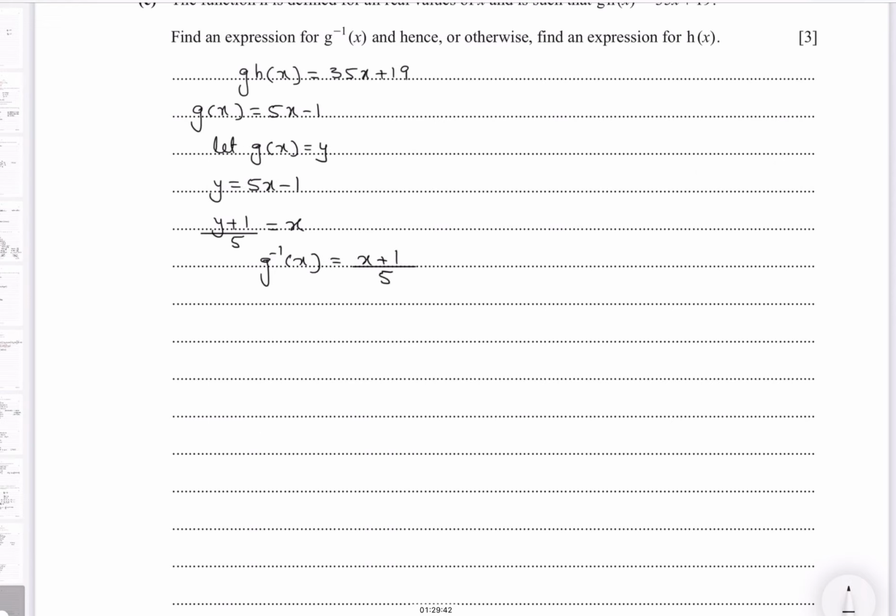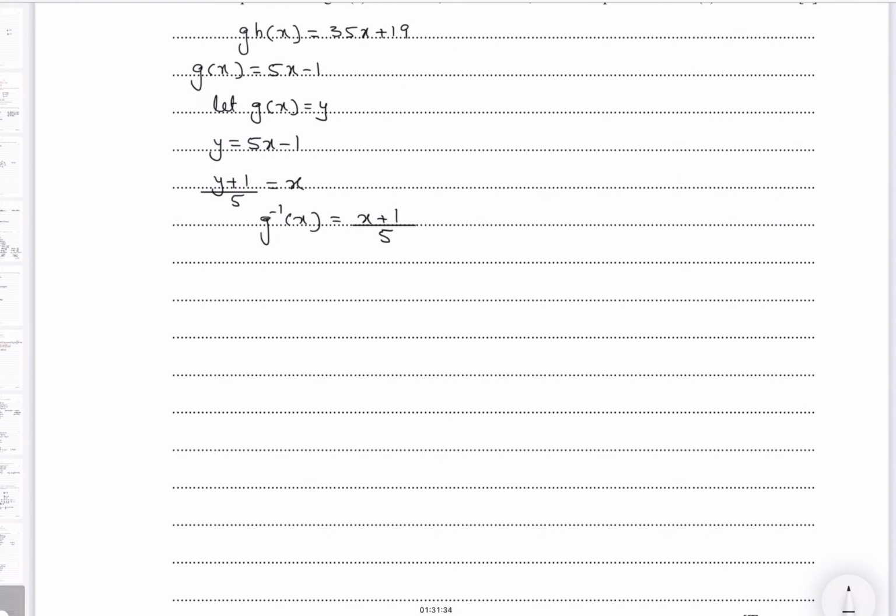Okay. Now g of h of x is equal to 5 h of x minus 1. We have to write the whole h of x into g of x. So it looks like this.